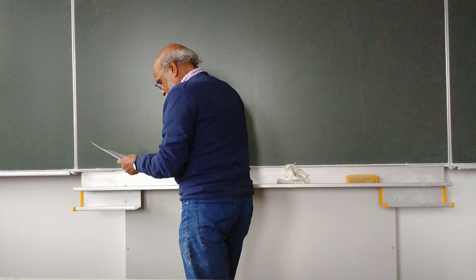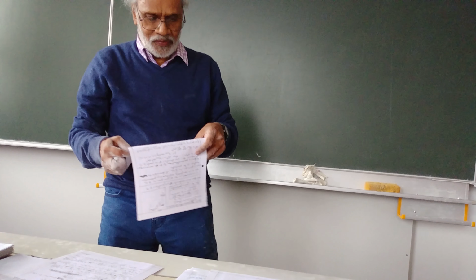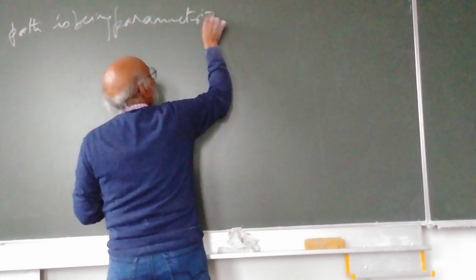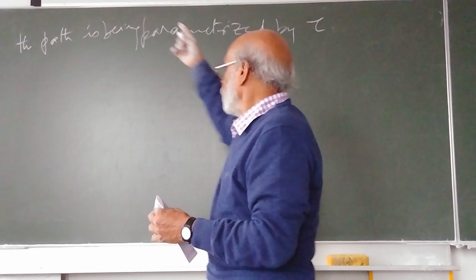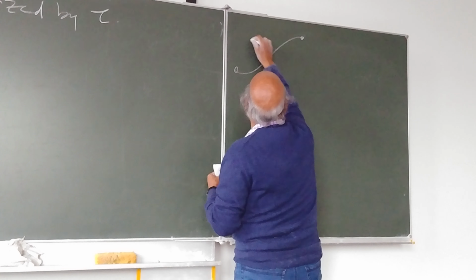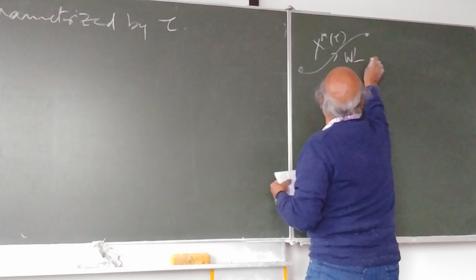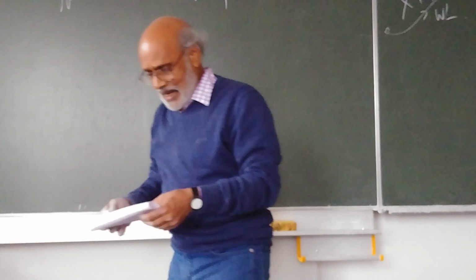Yes, so now here, as we have seen in this action that we have written a couple of times, the path is being parameterized by time tau, on the world line.